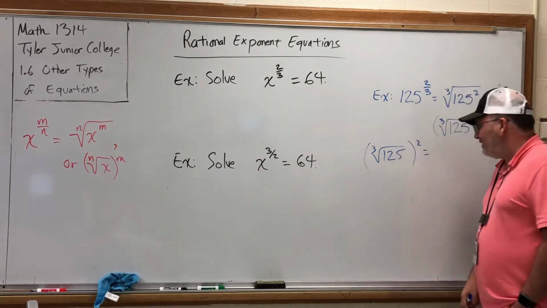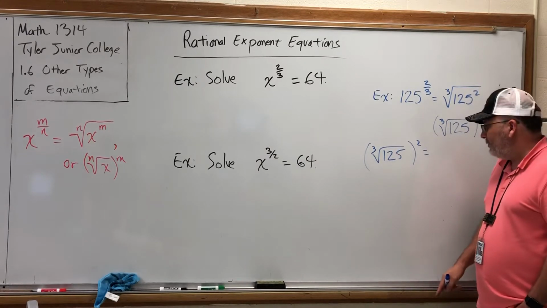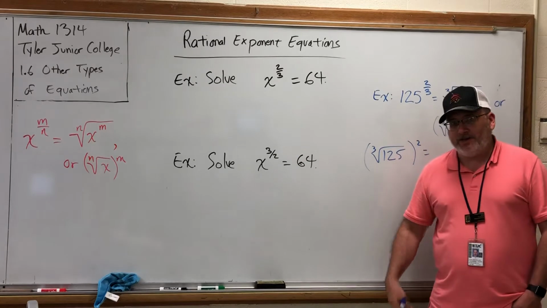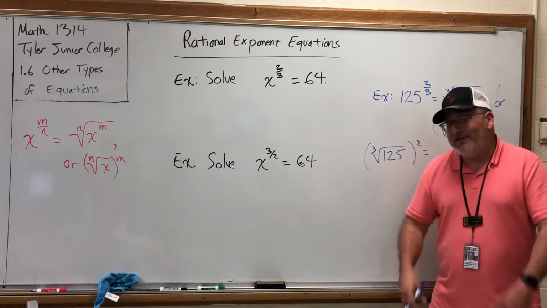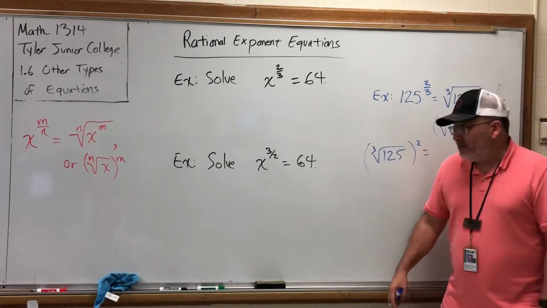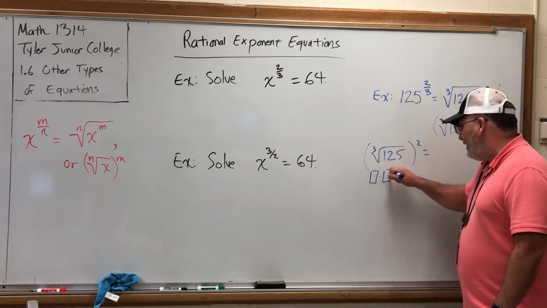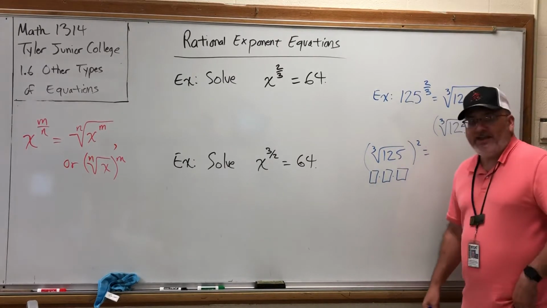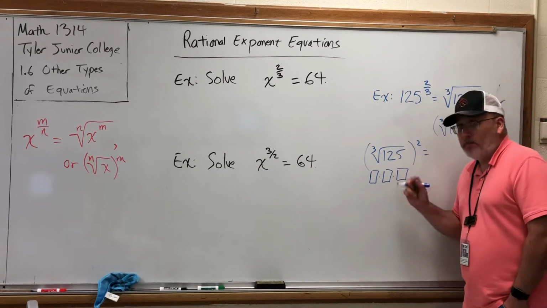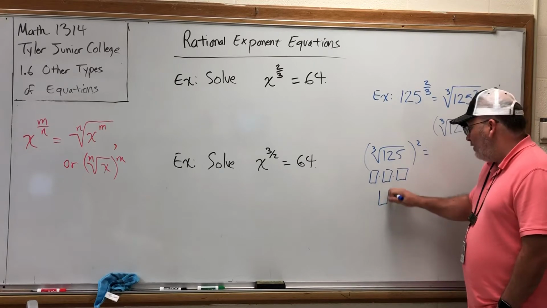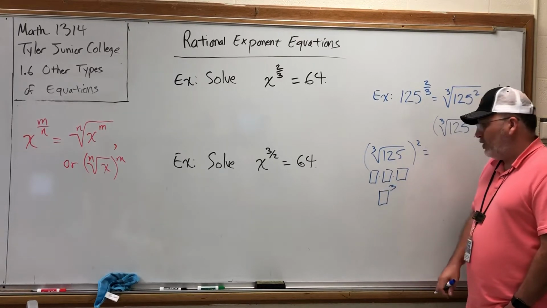Now, what does it mean to take the cube root of 125? To take the square root means to find the number that you multiplied by itself twice to get the radicand. To find the cube root means what number do you multiply by itself 3 times to get the radicand. Radicand being the part under the radical. This is equivalent to saying, what do I raise to the 3rd power to get 125?